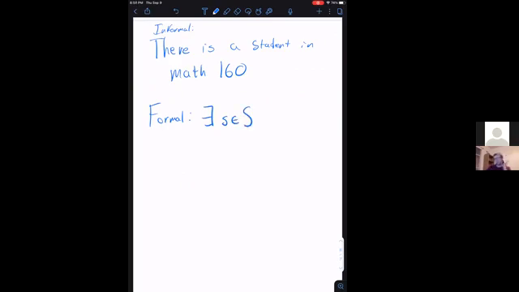So there exists a student in, I don't know, people. So there exists a student in the set of people such that, which we denote S.T. 99% of the time, such that S is an element of Math 160. Now you do have to define what P is, where P is equal to the set of people.